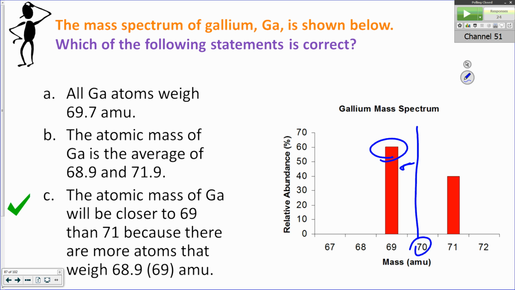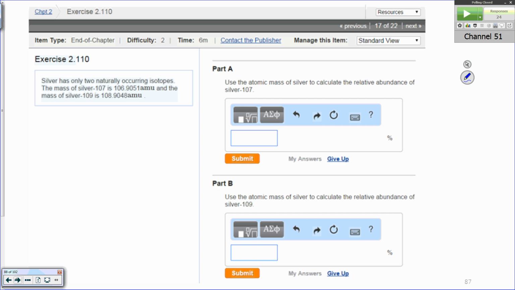Whenever you see something very close to the integer value, like oxygen 16, the most common isotope for oxygen is oxygen 16, and it represents 99.5% of all the oxygen. The same with fluorine. Fluorine doesn't have any isotopes. Fluorine exists only as fluorine 19. The ones that are close to the whole number mean that there's one predominant isotope. If it's not, it'll be some combination of isotopes, and we're going to learn about how those combinations exist.